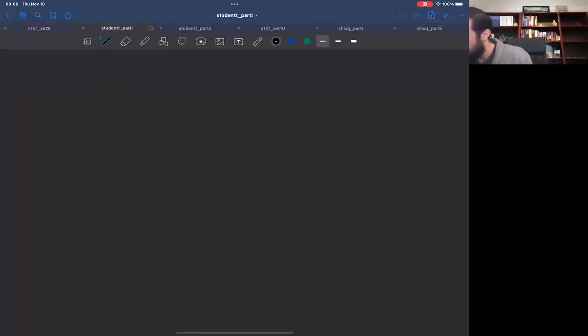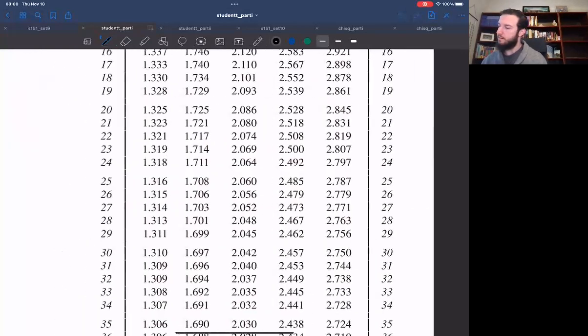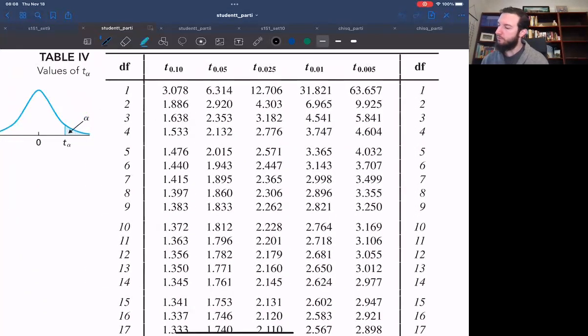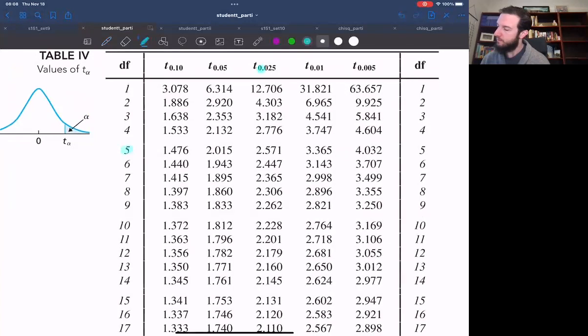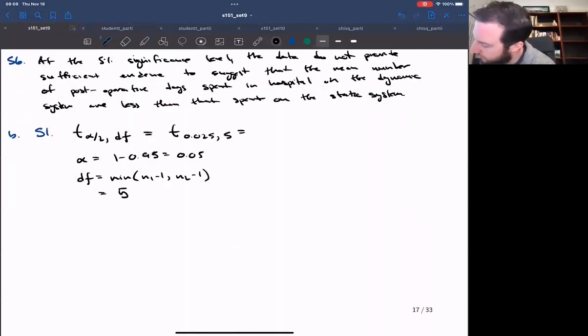Okay, so we go to our t table. We're going to match 0.025 to 5. And that gives us 2.571. Okay, so the critical value for this test is 2.571.